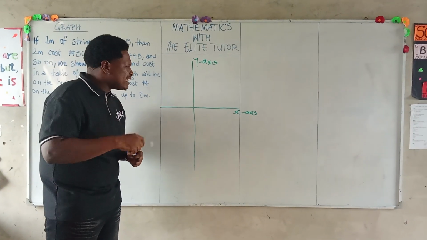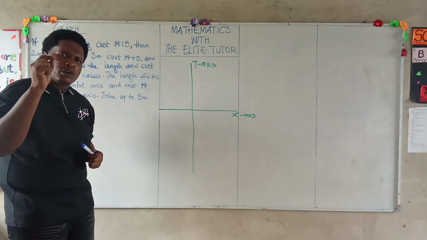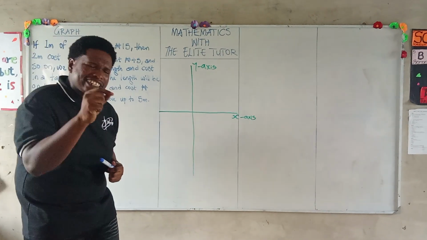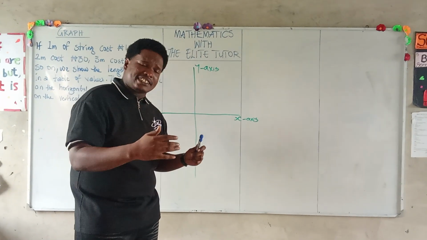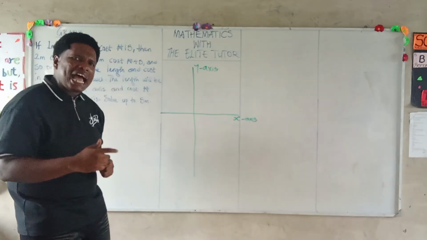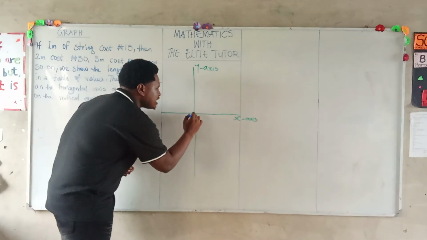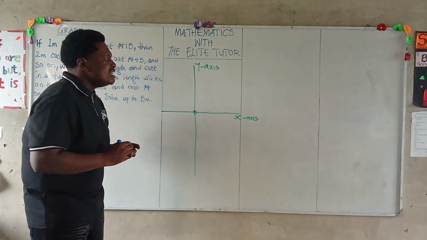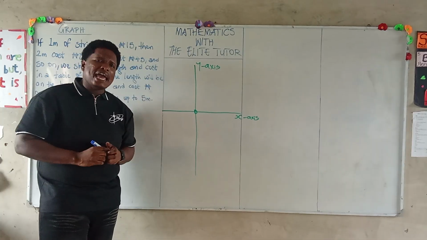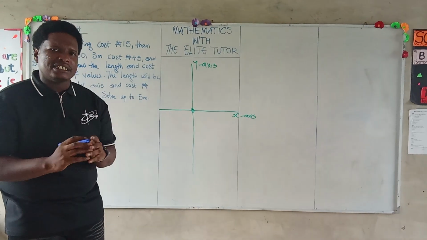Also, when looking at graph, it is important for students to know that the intersection between the x and the y-axis gives us the point of origin, and this is our point of origin.